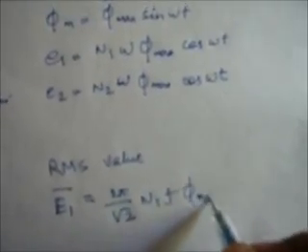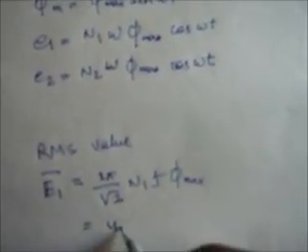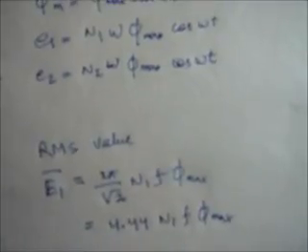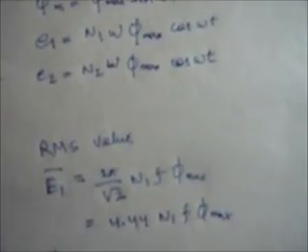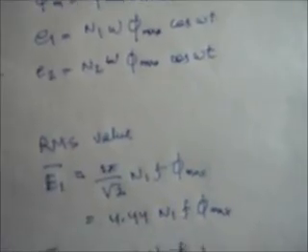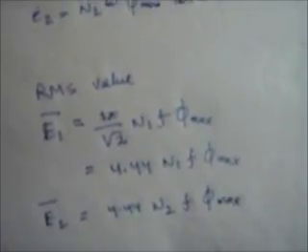Now if you see the RMS value, E1 equals 2 pi by root 2 N1 f phi max, which equals, it's a very popular formula, 4.44 N1 f phi max. Similarly, the RMS value of E2 will be 4.44 N2 f phi max.